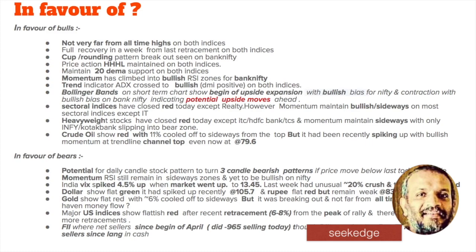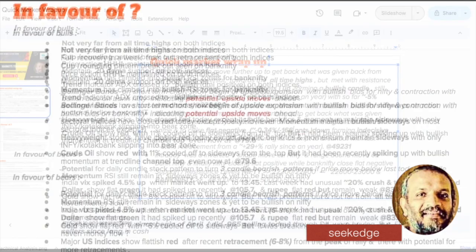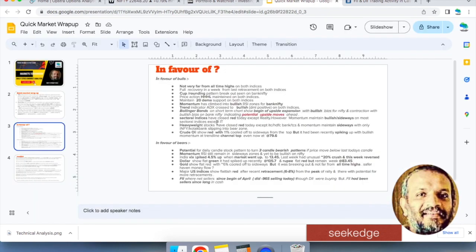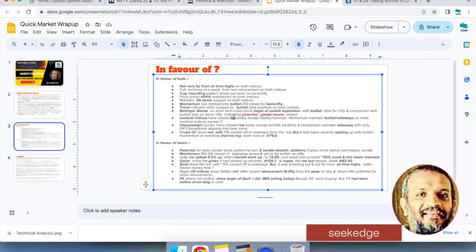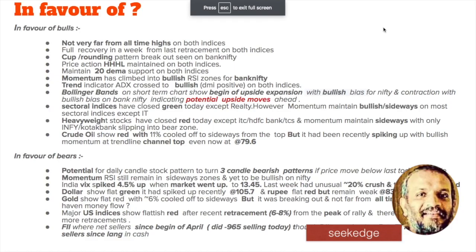Sectoral indices, if you see them, they're not red. They're actually green. Sorry. The fact that sectoral indices are intact can also be known from the short-term momentum being sideways, and only the IT sector is in the weak zones.